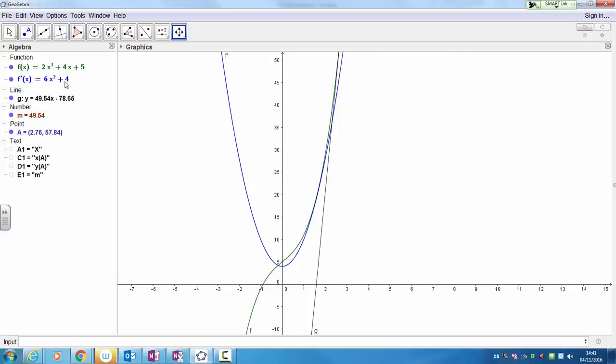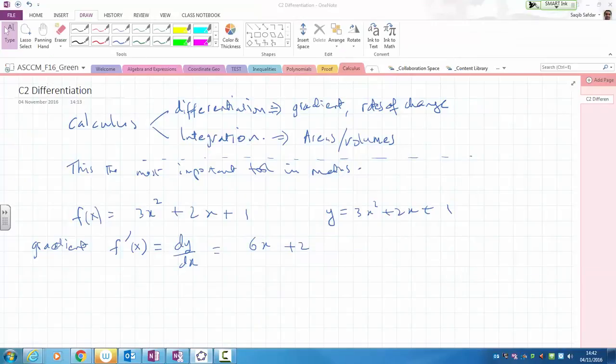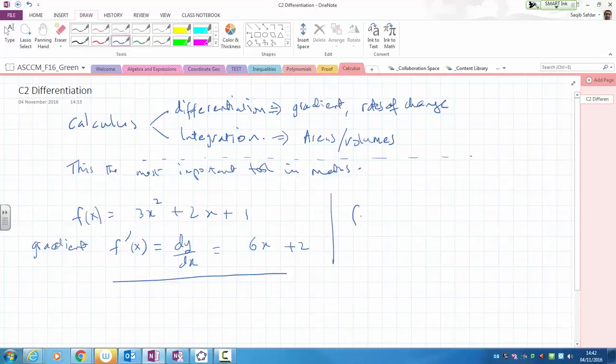Now we get 6x squared plus 4. Let's write that down. If you've got f(x) equals 2x cubed plus 4x plus 5, then the gradient f prime x is 6x squared plus 4.